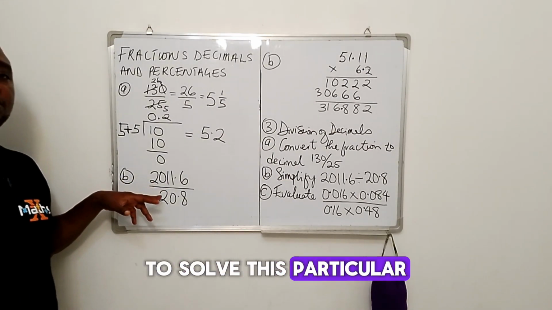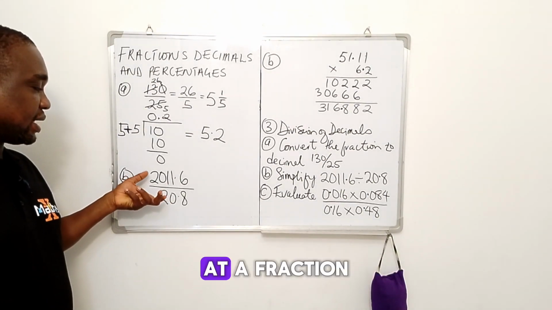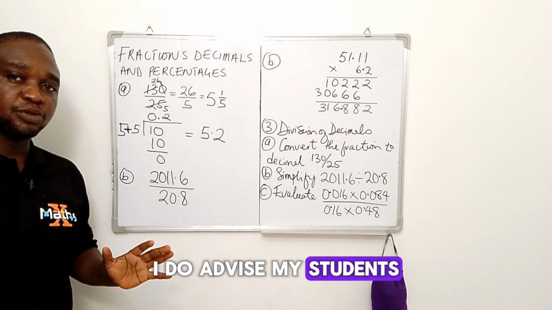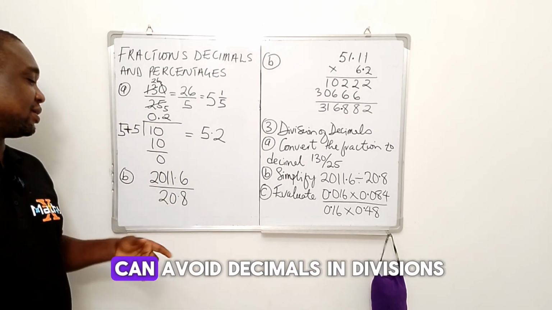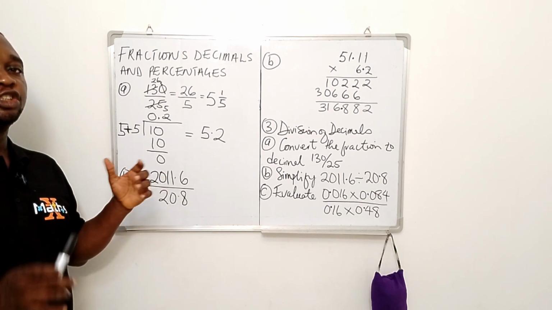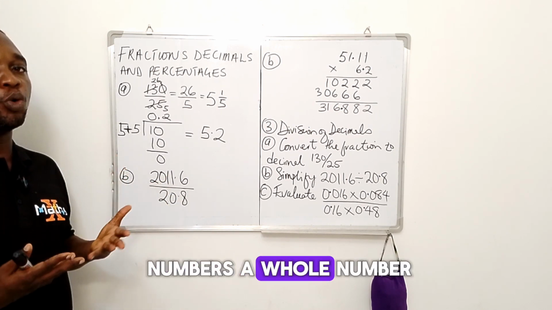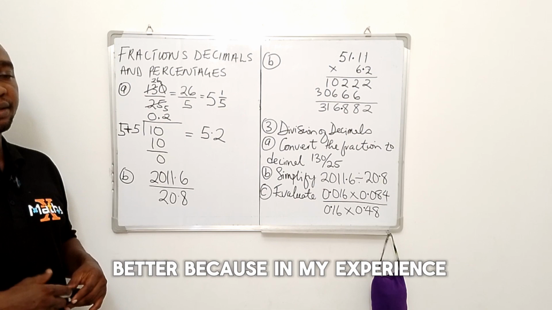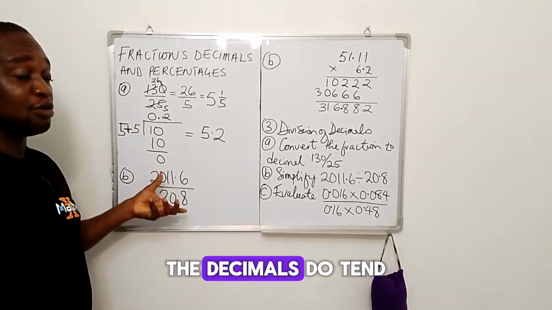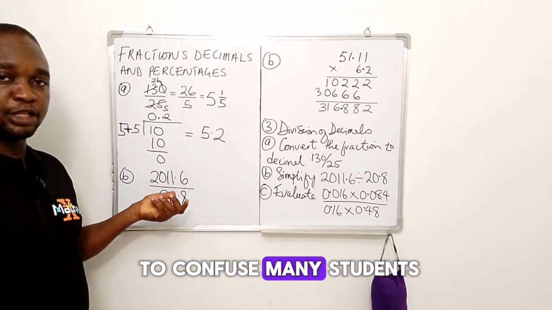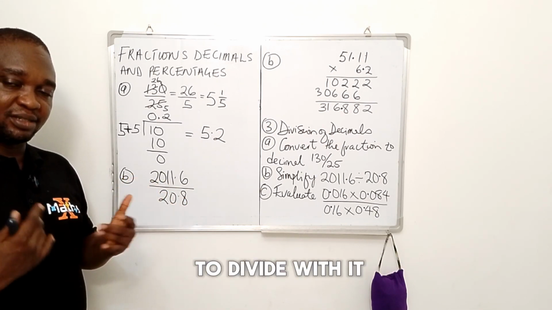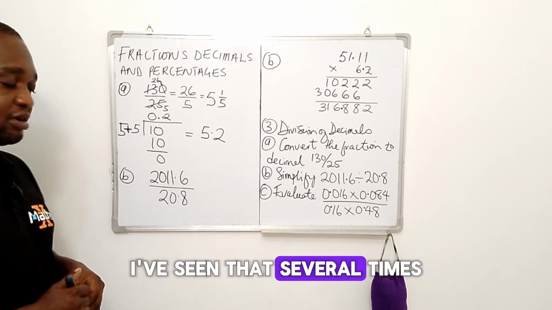To solve this particular fraction, I do advise my students, as much as you can, avoid decimals in divisions. Try and make your numbers whole numbers. It will serve you better. Because in my experience, I found that decimals do tend to confuse many students when they are trying to divide with them. I've seen that several times.